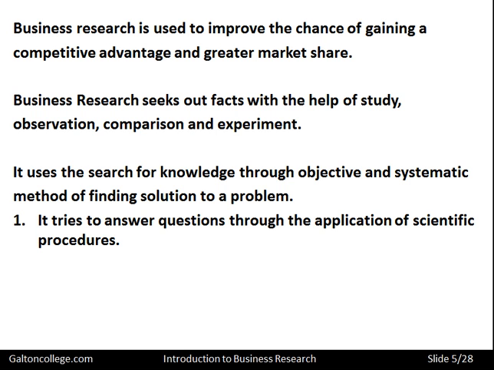So scientific means it is objective. It is outside of the control of the person conducting the interviews, the questionnaires, or making the observations. It follows a set of rules, and these rules are not determined by the person collecting the information, and therefore is not subject to their bias.